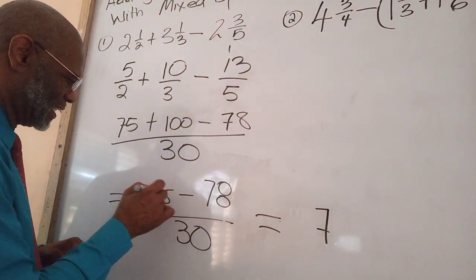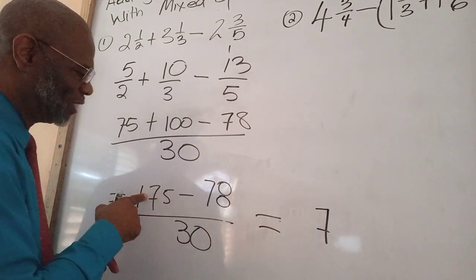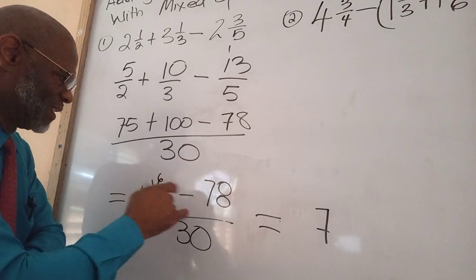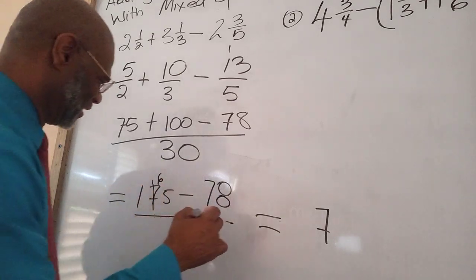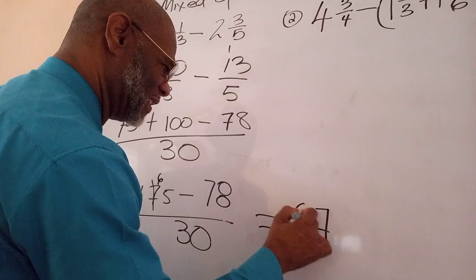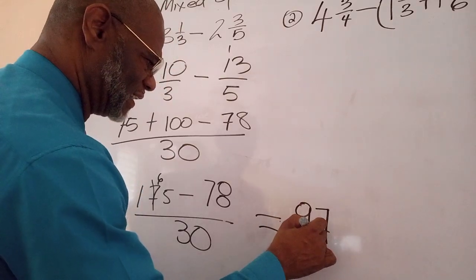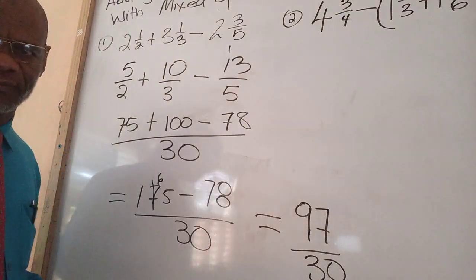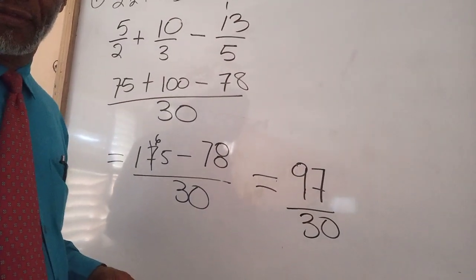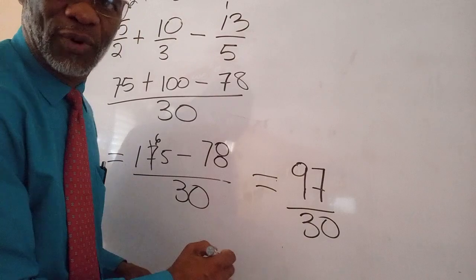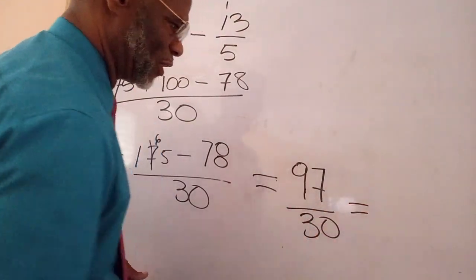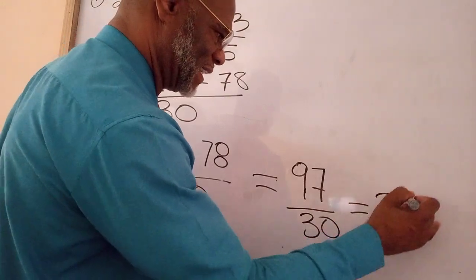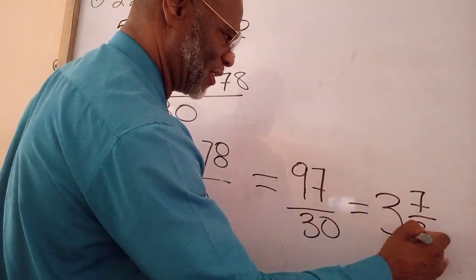Take 1 from the 7, that's 6. 7 from 16 is 9. So that is 97 over 30. And then how many times can we get 30 from 97? 3 times, and 7 over 30.